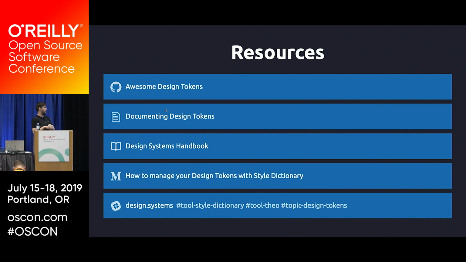Next, we have an article written by someone in the UK about how their company uses Style Dictionary, and it's a very in-depth, very technical, specific way of how they're setting up their Style Dictionary and design token setup. One of the things that's really cool about design tokens is everyone's setup is very different.